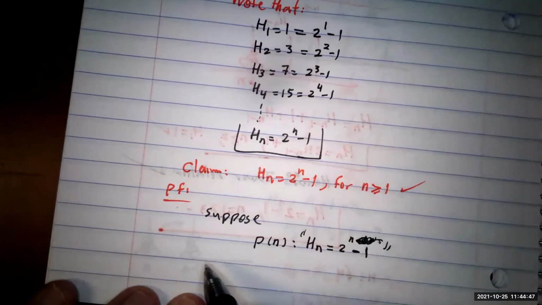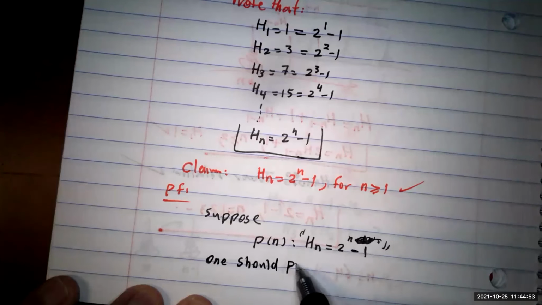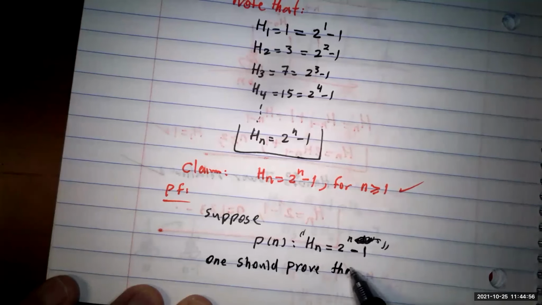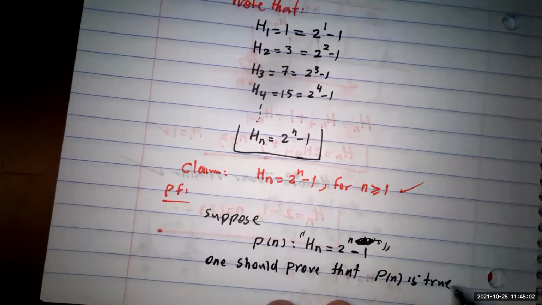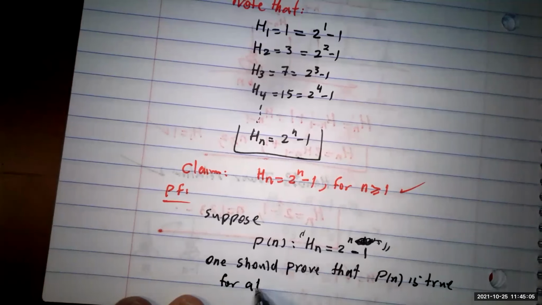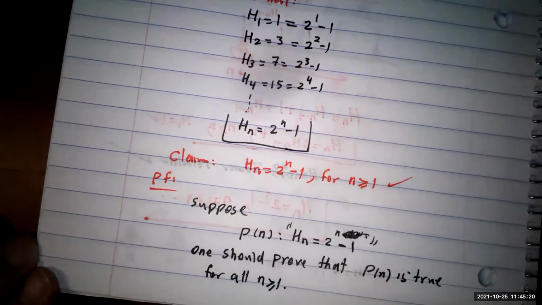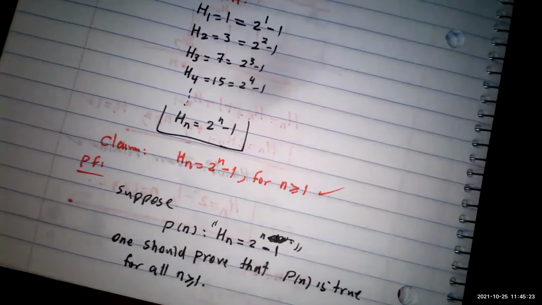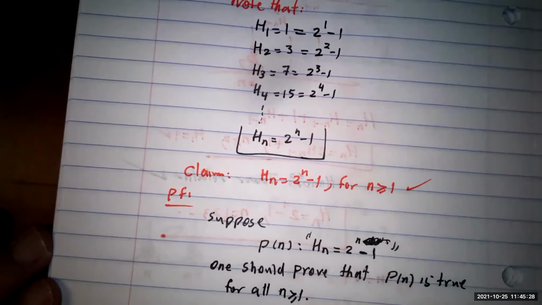So that's going to be Pn, but one should prove that Pn is true for all n greater than or equal to 1. Okay, so it's a nice induction procedure that you have to follow in order to get your result. Any question? So we are going to go over it to prove it. I'm going to go to the next page. Are you done?